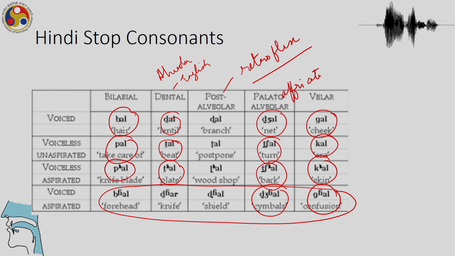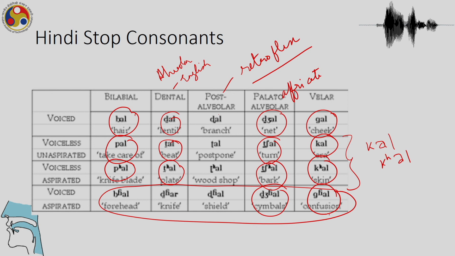And also another common contrast that we saw here is the velar one. English has the voiced velar stop and the voiceless velar stop, so this contrast is available in English. However, the contrast which is not available in English is this one that we see here, kal versus khal, which is contrastive and means two different words in this language.